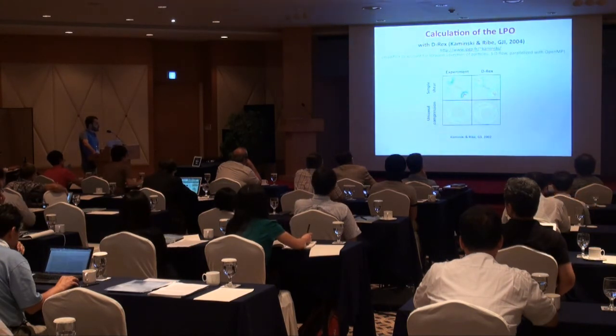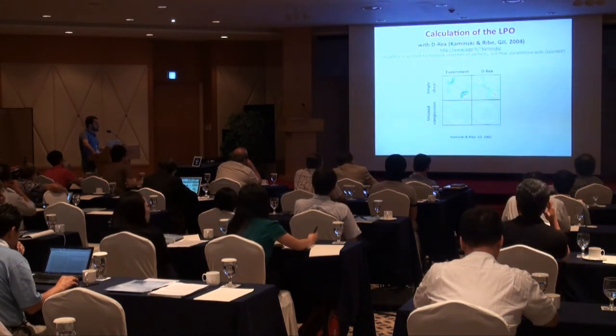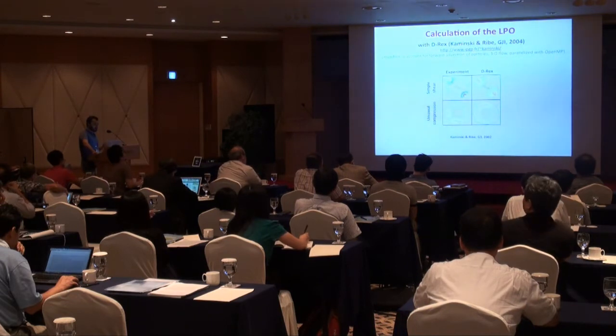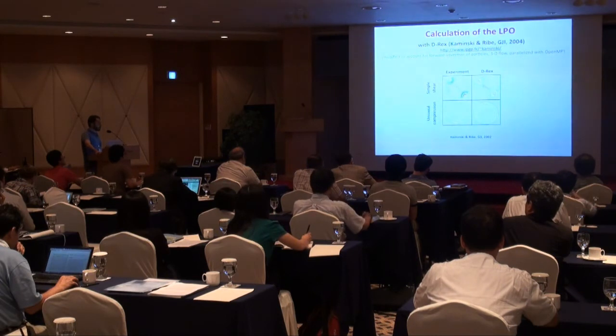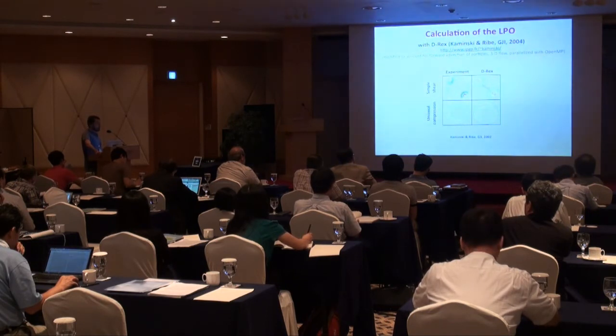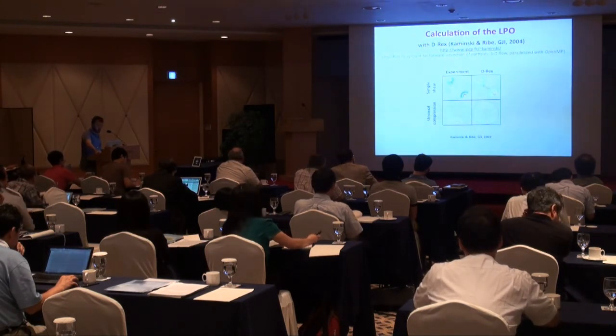But there is one problem with D-Rex, is that it's made to just use one input velocity field. So basically, you have to assume that your system is at steady state conditions. And so what we have done, we modified D-Rex to account for forward advection of particles in 3D flow, because the original one is for 2D flow, and also we parallelized it with OpenMP.